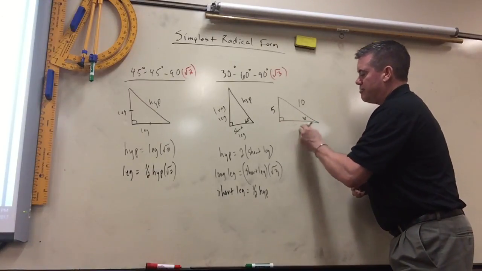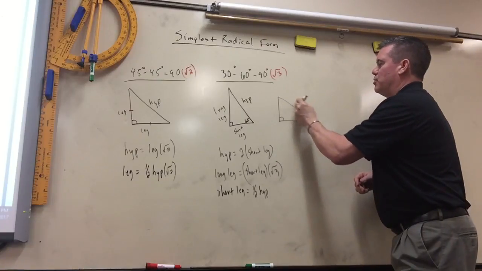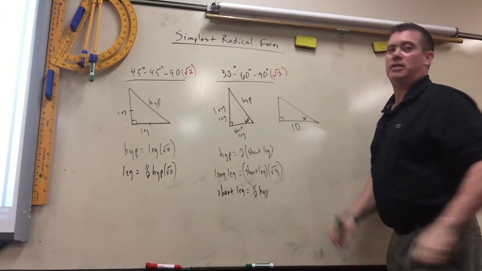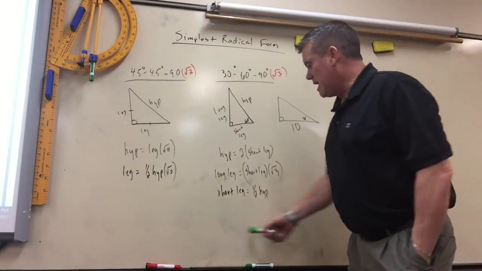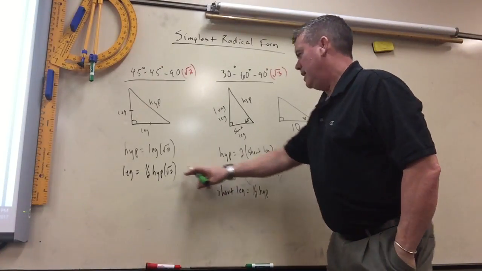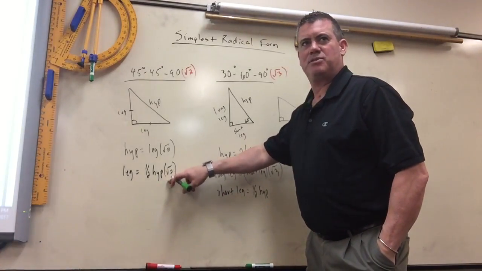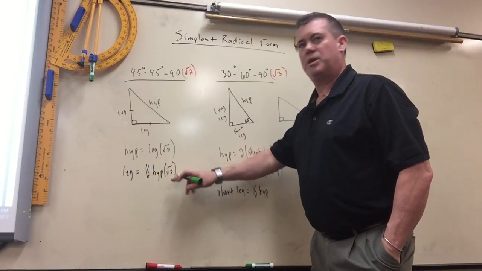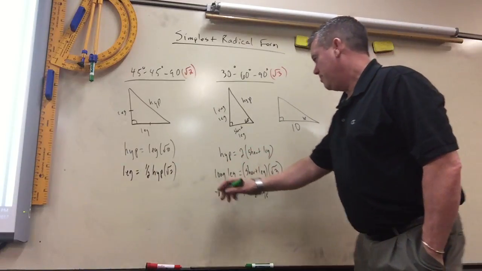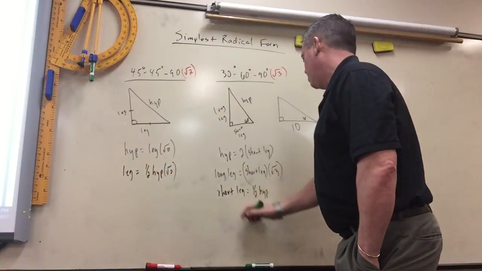Then the one that's the toughest to remember is if they give you the long leg right away. This last one is the hardest to remember. It's basically the same as this, except square root of 3 and 3 instead of 2.